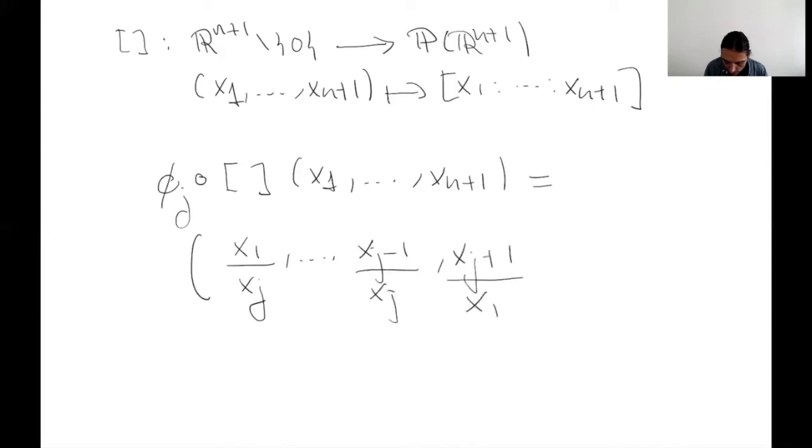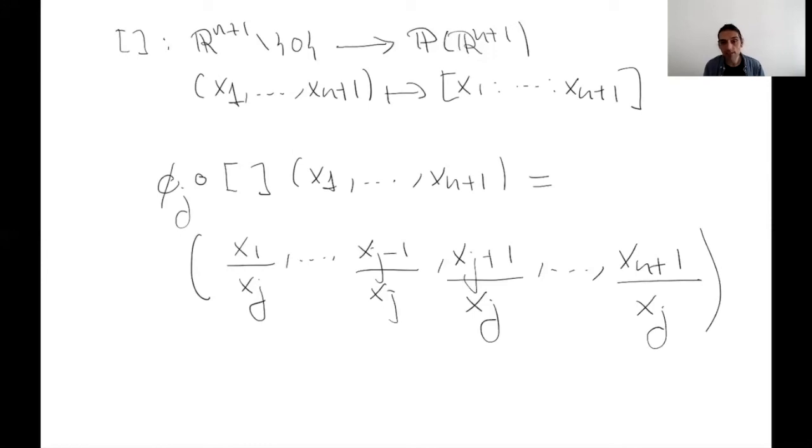And because of that, again, we have that this map is a differentiable map. It's a real analytic map. And obviously it's a continuous map.